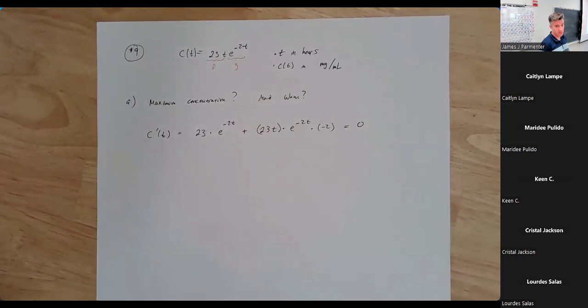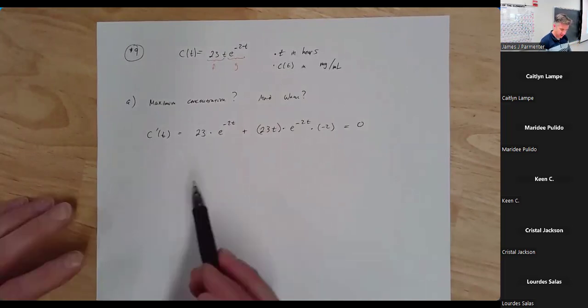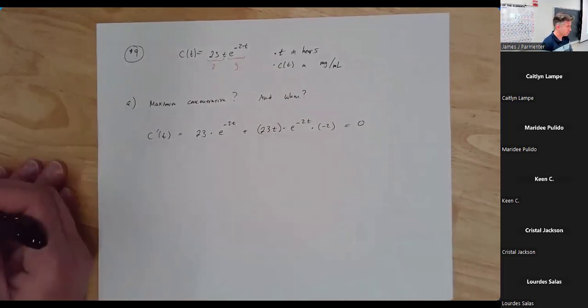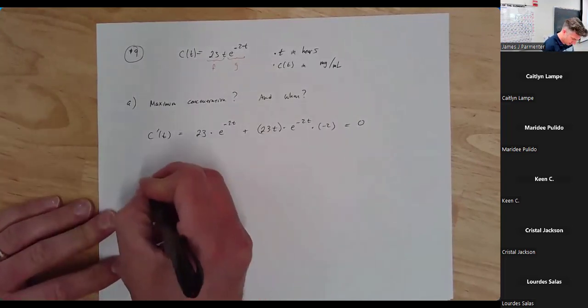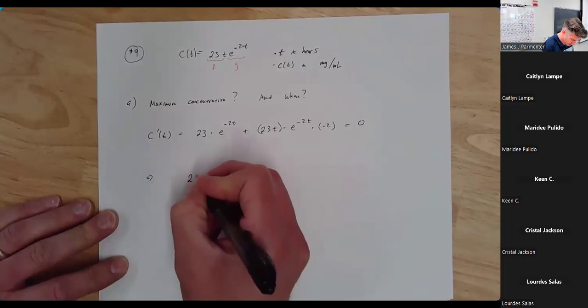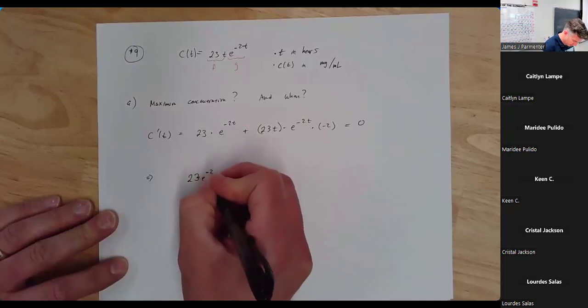And then to solve this, you typically want to try to factor as much as possible. So what's something that can factor out from both of these pieces here? An easy thing. The e to the negative 2t. What's the other thing that's even maybe easier than e to the negative 2t? 23. In fact, we could have pulled out the 23 in the beginning, but we didn't want to. So we're going to factor out a 23 e to the negative 2t.